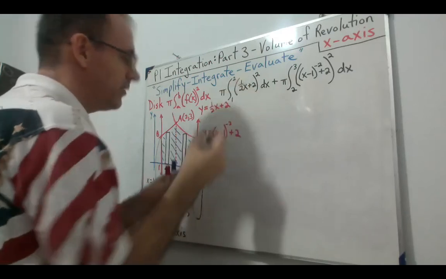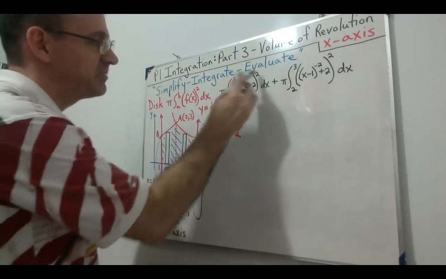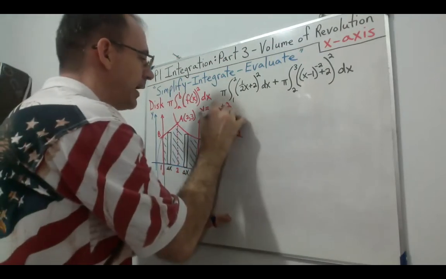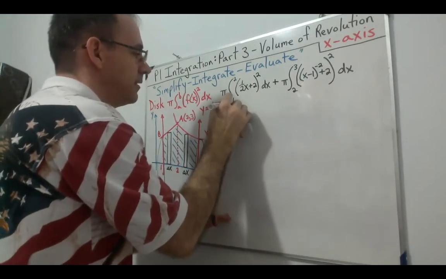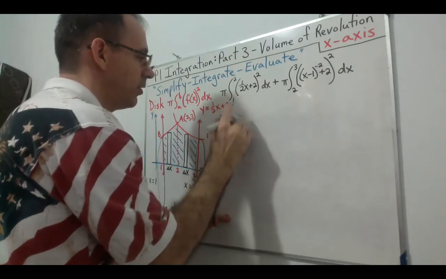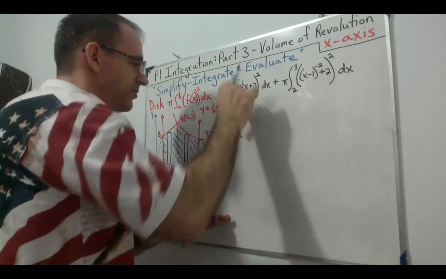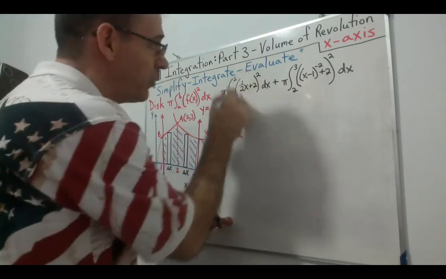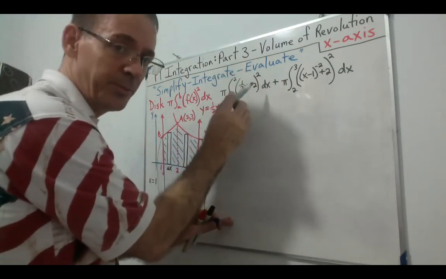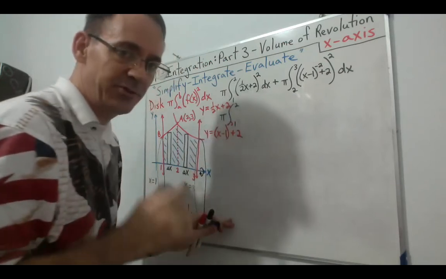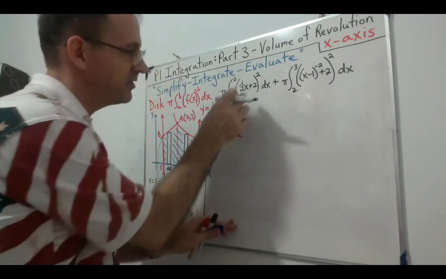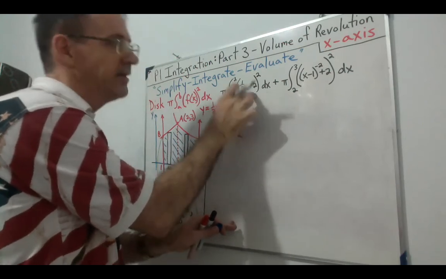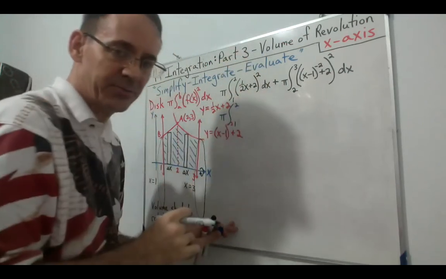So we want to expand this and do the simplify part. So we're going to have our pi. We're still going to have, not 0, sorry, 1 to 2. And when we square this, remember exponents do not distribute over add and subtract. This is a binomial, so you have to do 1/2 x plus 2 times 1/2 x plus 2.